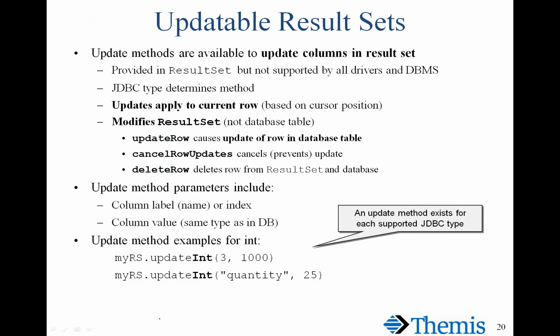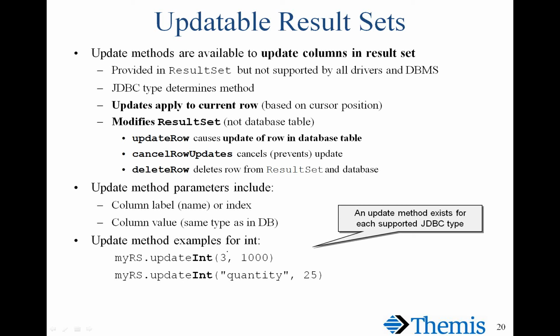As far as updatable result sets, this is available through the update methods. Like we saw with the getter methods, there are a whole set of update methods for each type that you want to update.